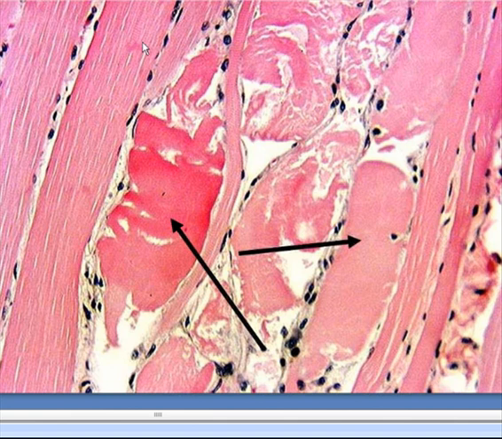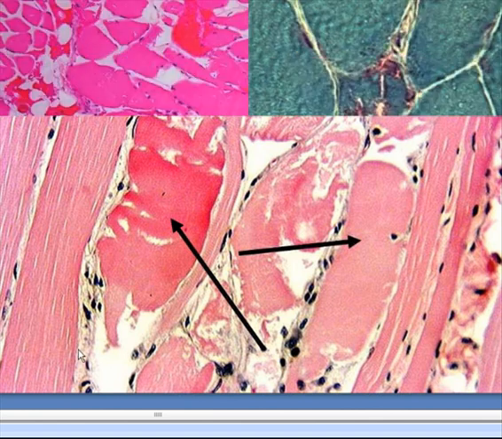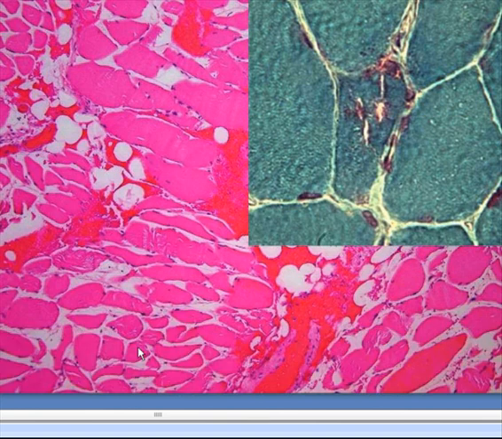In this high power view, you see not only is this particular fiber here smaller than normal, or in other words, atrophic, but there's some vacuolization going on in it as well, can't you? And of course, you would not expect to see striations even if the surrounding fibers were healthy, because this is an axial cut. If you are looking at healthy fibers that are cut longitudinally, you can usually see striations unless your histologist does a poor slide.